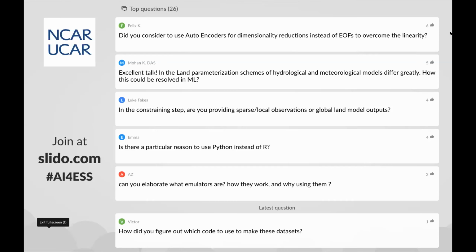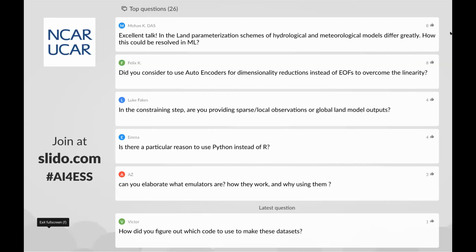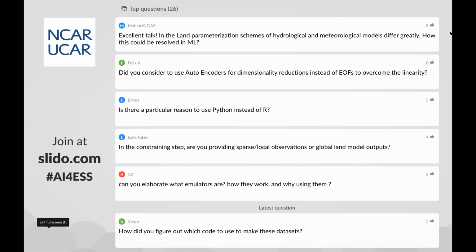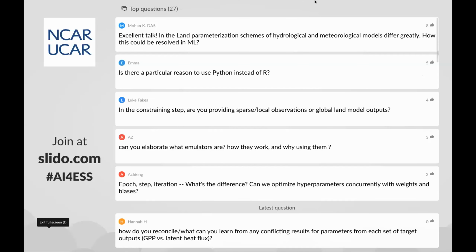Yeah, the EOFs are definitely an approximation, and I'll talk a little bit more in the next part of my talk about how, even though we're using them to include some additional spatial variability and not just predict global mean values, we're still having trouble getting the regional responses to match up in the calibrated model. Part of that has to do with the choice of metrics. So it's definitely important to keep thinking about. Okay, I think I'll take one more question and then go back to my slides.